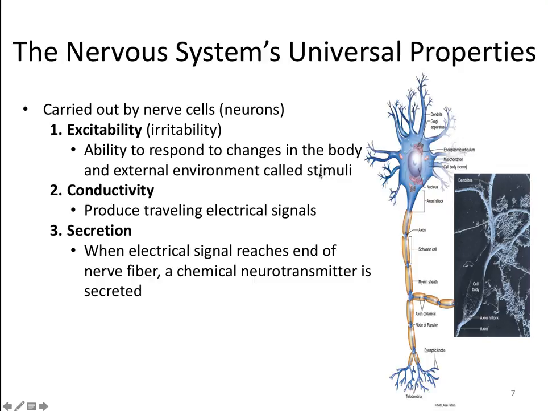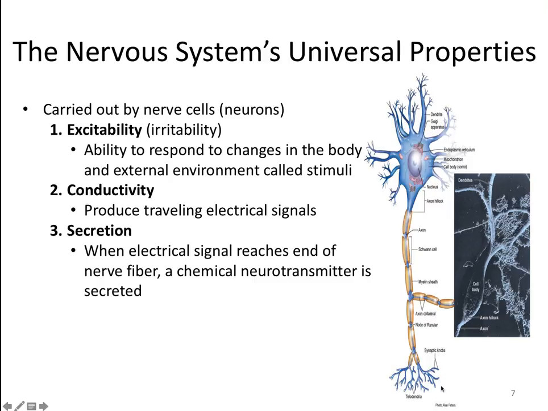Nerve cells, when they become excited, produce traveling electrical signals. We have already talked about these in the context of excitation of muscles. And in the context of the neuromuscular junction, we talked about how the action potential is going to go down the axon and then it hits the end.